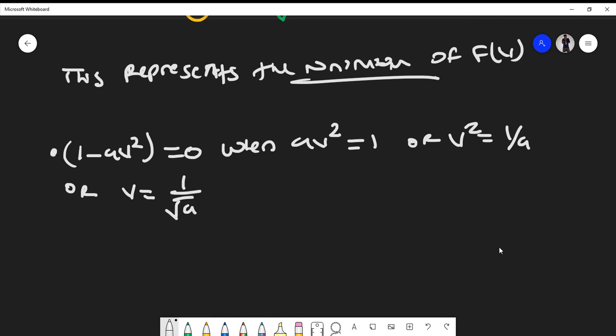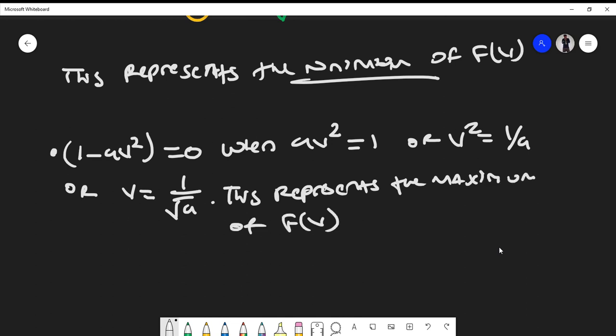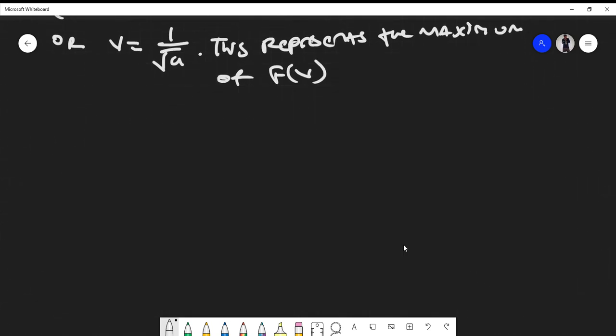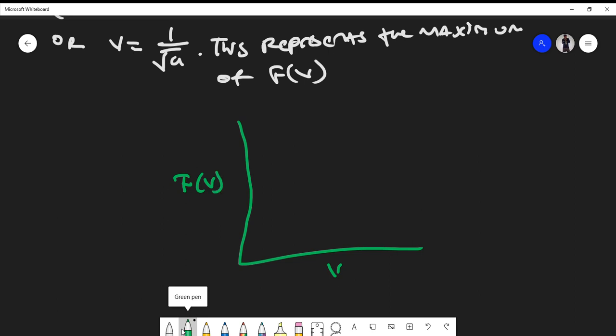These are all equivalent. This represents the maximum of f of v. And again, another graph to illustrate: I have v on the x-axis, f of v on the y-axis, here's my function, and this represents the maximum.